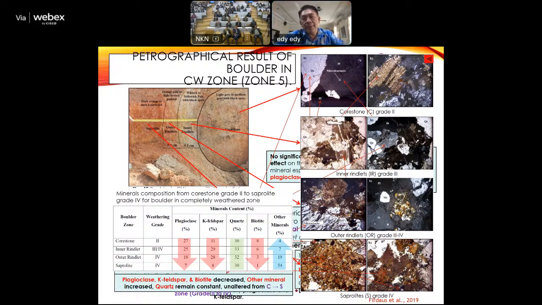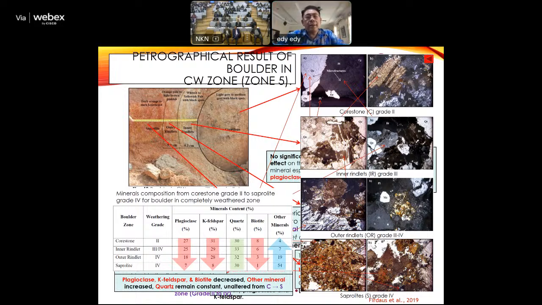It is still well-preserved minerals, whereas the bottom part, that is grade 3, is the moderately weathered state, where we can see there are some mineral changes, especially the mica and the feldspar already being decomposed, and then the lower part, that is highly weathered, and then the bottom part where you can see the mica and the feldspar are almost decomposed, that could be observed in the highly weathered granite area.